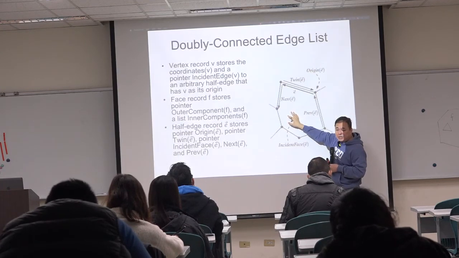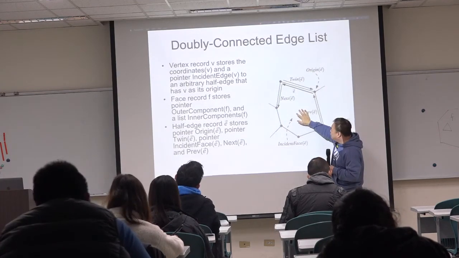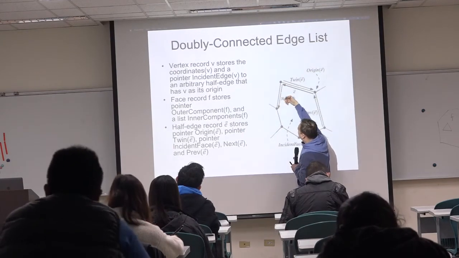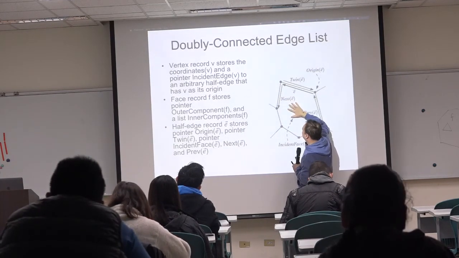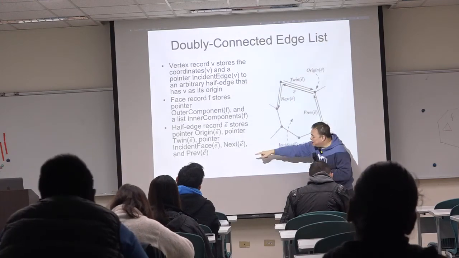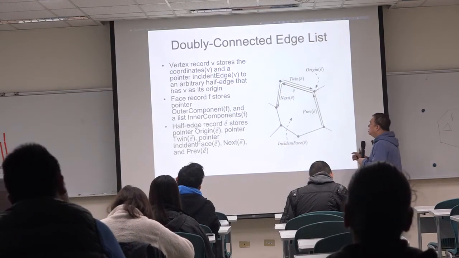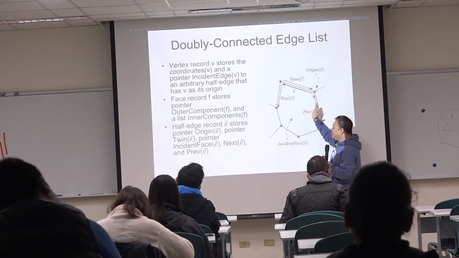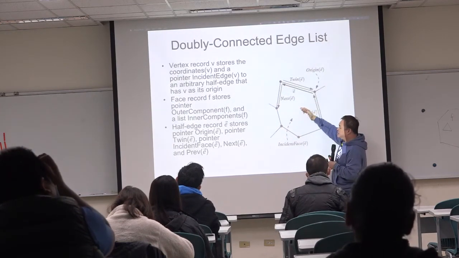To have the incident phase be the same as this one, the next half edge has to be this one, because on the left hand side it's going to be this one, and the previous half edge is going to be this one. Same thing applies. It has to be with the same incident phase.